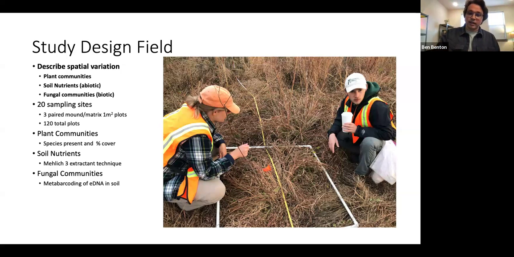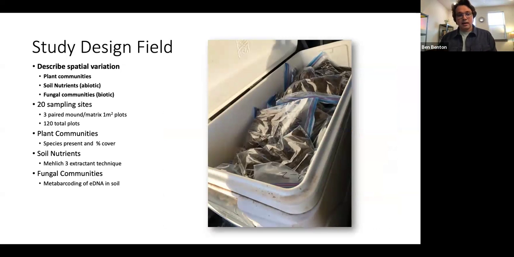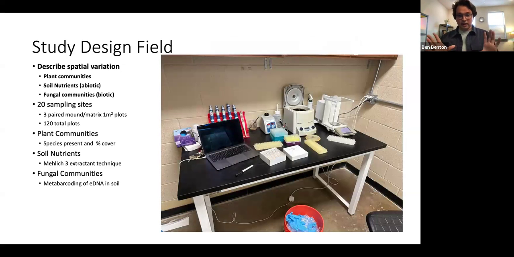We also collected soil samples from each of these plots and used the Mehlich-3 extractant technique to quantify the soil nutrient profile of each plot. And then I extracted DNA from the microbial communities of the soil, and I looked at the fungal communities using a metabarcoding technique to describe the fungal communities in the soil as well, associated with the plant communities.